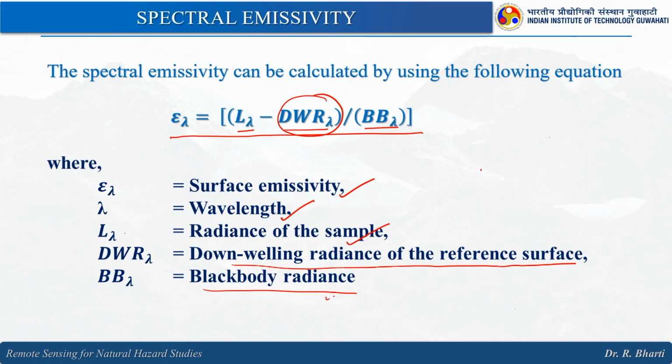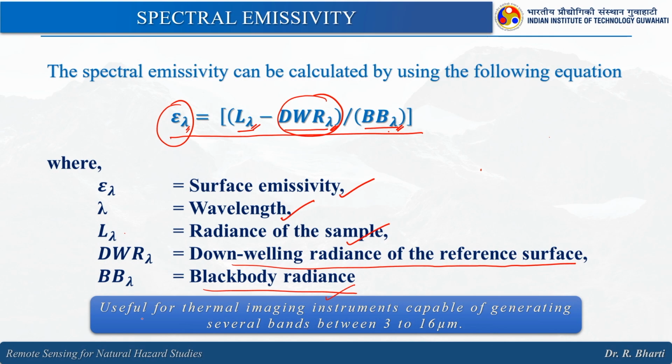This black body radiance will be used to measure the spectral emissivity, and we will take care of the wavelength everywhere. If it is lambda 1, it has to be lambda 1 at all the places. This is useful for thermal imaging instruments capable of generating several bands between 3 to 16 micrometer.